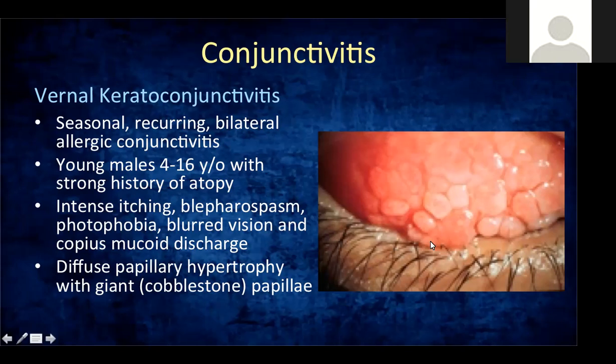Okay, so they're elevated, they're three-dimensional, and they have this certain configuration to them, which we call your cobblestone papillae. Okay, so kung naalala nyo yung cobblestone sa Intramuros, no? These are your cobblestone papillae, similar to that appearance. Okay, when you see this, it's very typical of vernal keratoconjunctivitis or your VKC.